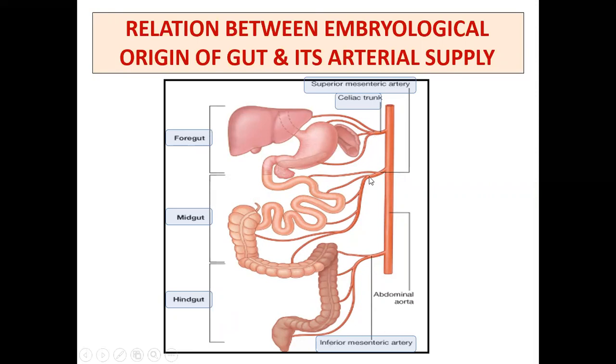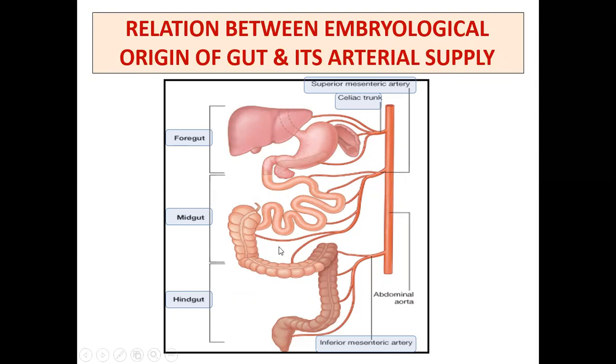So these three arteries supply the major part of the gastrointestinal system. The foregut, which includes, as I said, the pharynx, esophagus, stomach, up to the second part of the duodenum, is supplied by the celiac trunk. The midgut is supplied by the superior mesenteric artery, and the hindgut by the inferior mesenteric artery.